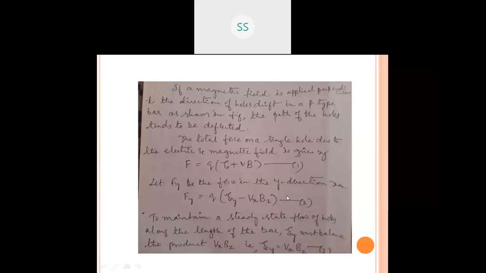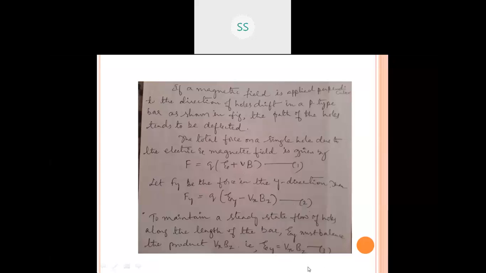Now this will happen because of the presence of the magnetic field. If Bz is equal to 0, then holes will just flow inside the semiconductor bar without any deflection. But whenever a magnetic field is applied, there is a deflection in the holes, and the disturbance that we observe is that the entire hole distribution is slightly shifted in the y direction.